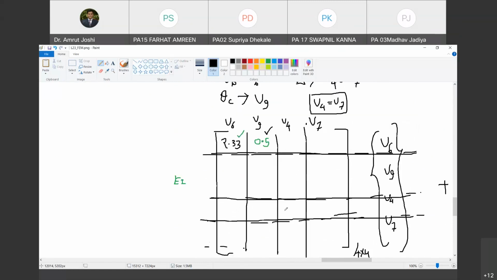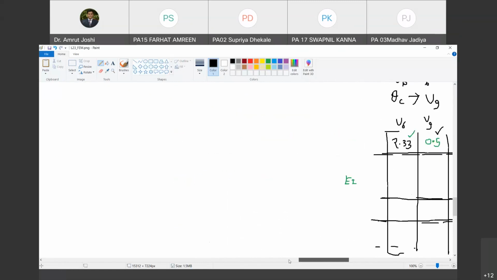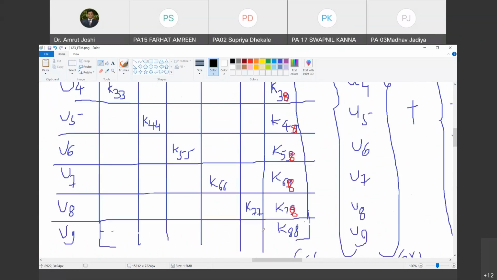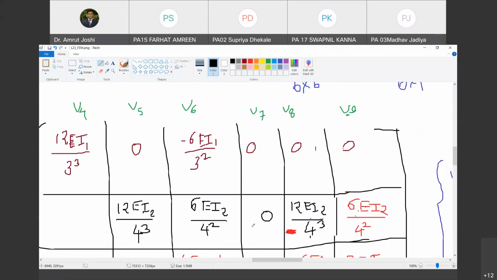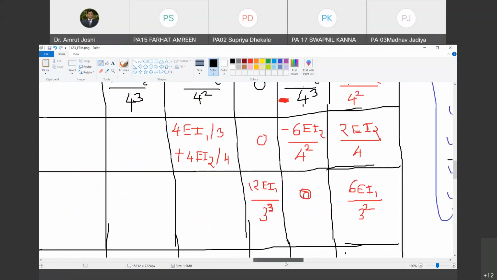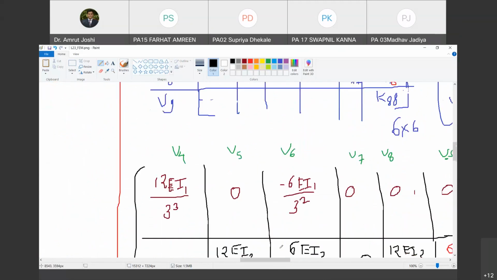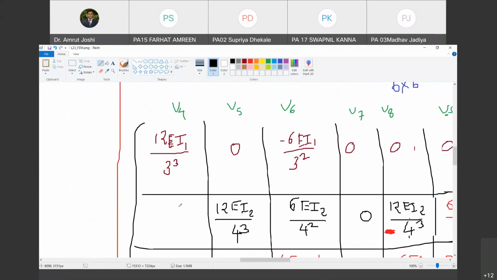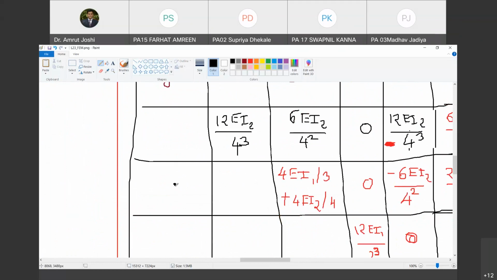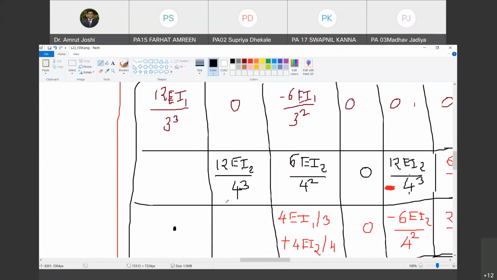ओके चलो अब आगे चलते हैं. U4 and U6 का इंटरसेक्शन हमें चाहिए. What is the intersection of U4 and U6? Here. U4 and U6. U6 is the third row. So U4 and U6. ये वाला एलिमेंट चाहिए. ये वाला एलिमेंट क्या होगा जरा बताओ मुझे. It is the third element of first column. So we have to look at third element of first row.